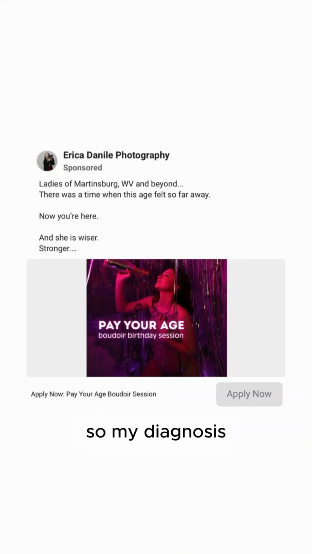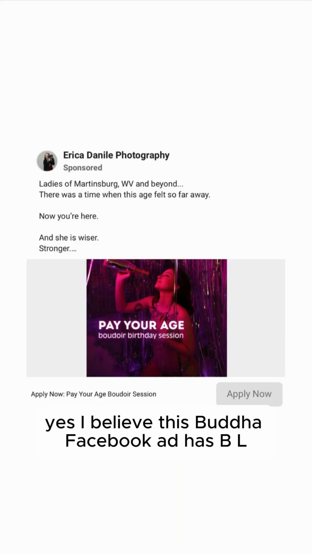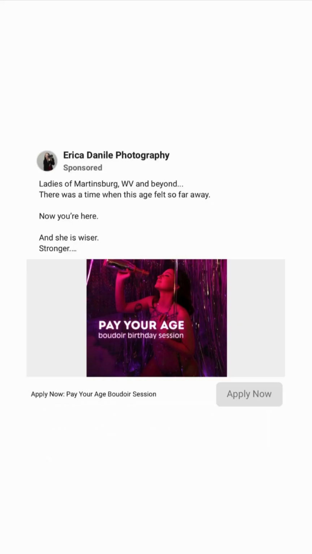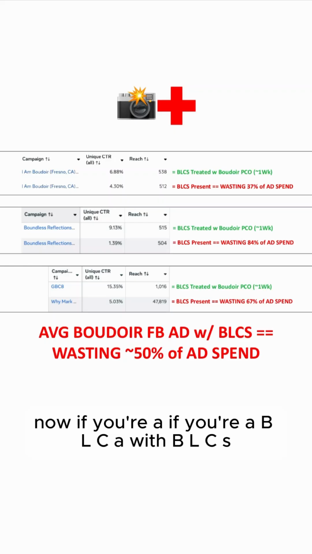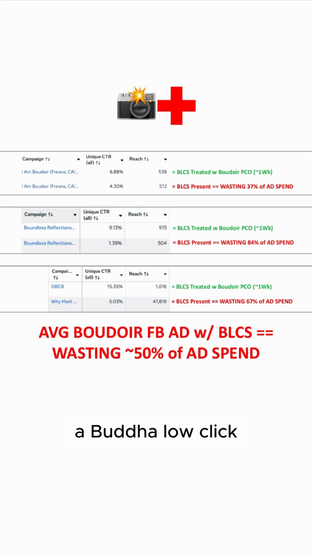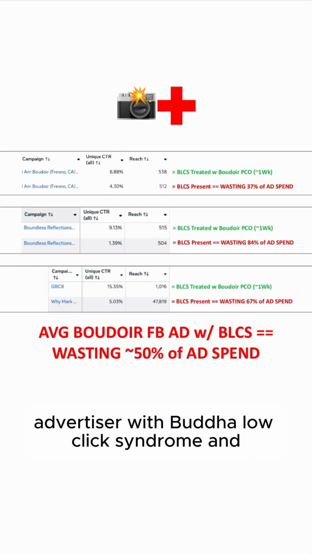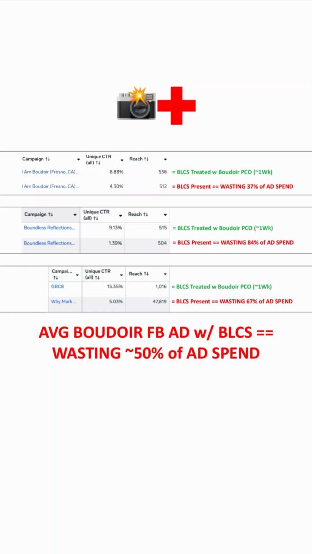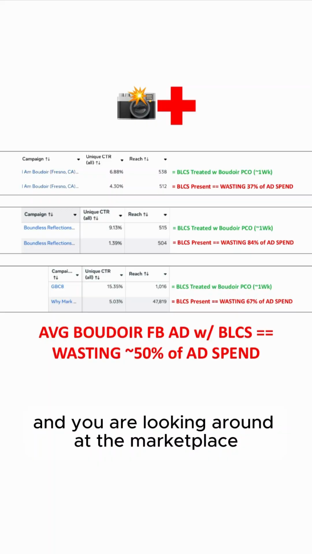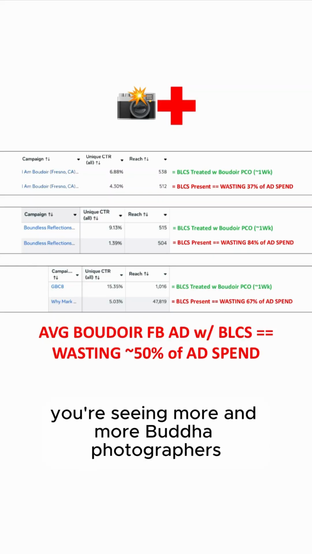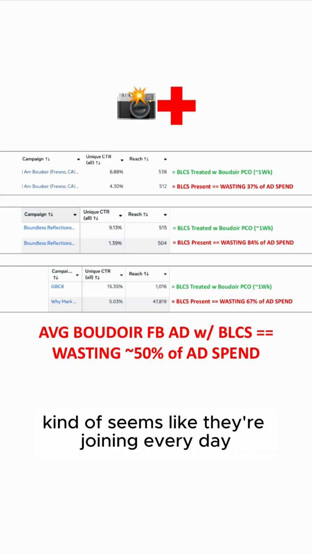All right, so my diagnosis. Yes, I believe this boudoir Facebook ad has BLCS, aka boudoir low click syndrome, since its unique CTR is probably under 6%. Now, if you're a BLCA with BLCS, a boudoir low click advertiser with boudoir low click syndrome, and you're spending more than 10 grand a month on boudoir Facebook ads, and you are looking around at the marketplace, you're seeing more and more boudoir photographers, and it seems like they're joining every day.